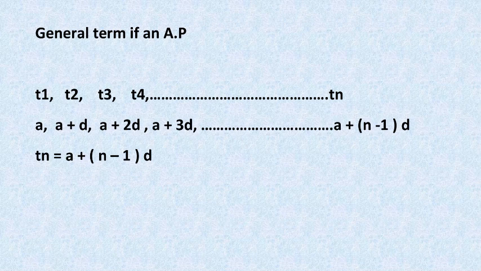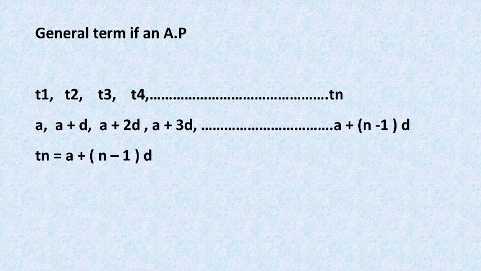An arithmetic progression is a sequence wherein each term can be obtained by adding a certain quantity to its preceding term. The general term of an AP is A plus D, A plus 2D and A plus 3D, and the nth term of an AP is A plus n minus 1 into D.